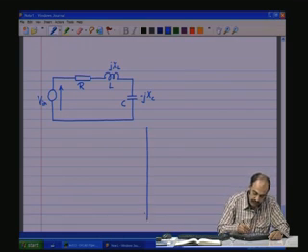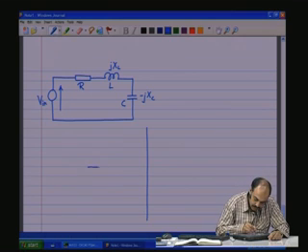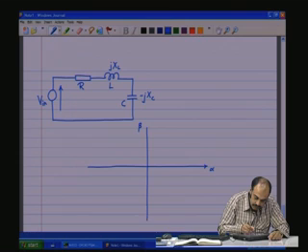And in the spatial coordinate system, alpha beta coordinate system.